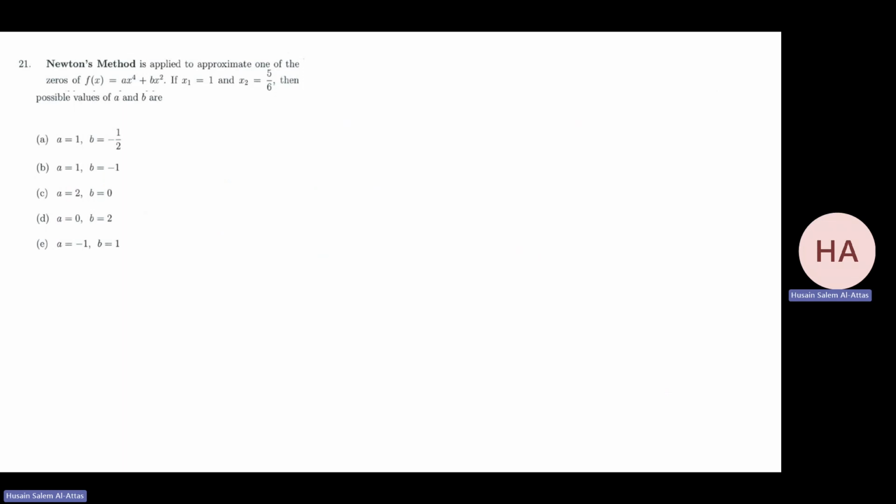Let me go back to this question. Well, it's a little bit different. What I have here, I have the function, but I have constants, a and b, unknowns. Now, then he gave me x1 equal 1 and x2 equal 5 over 6.